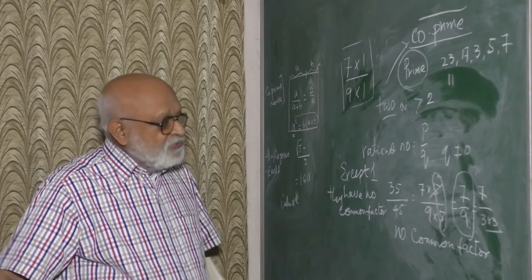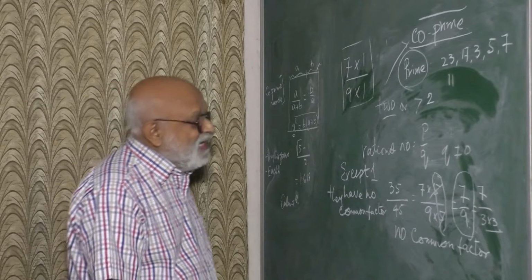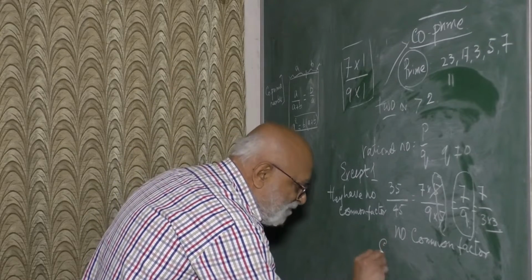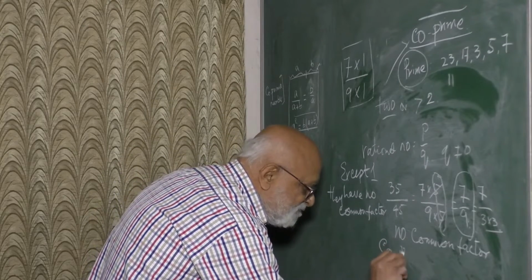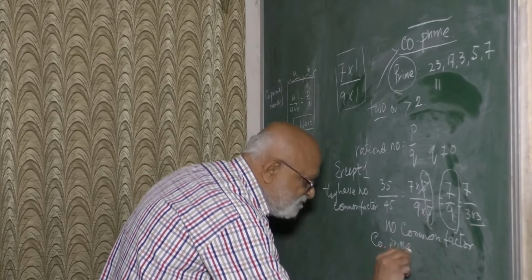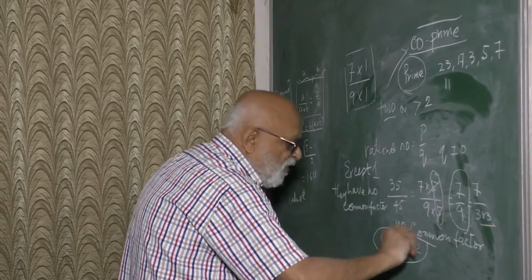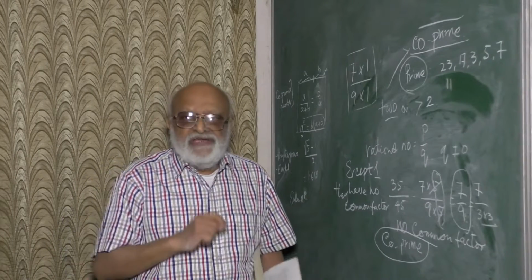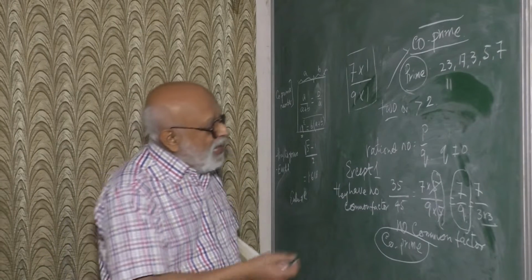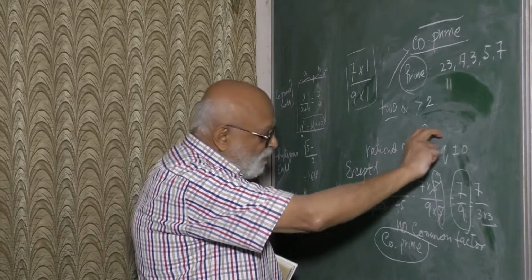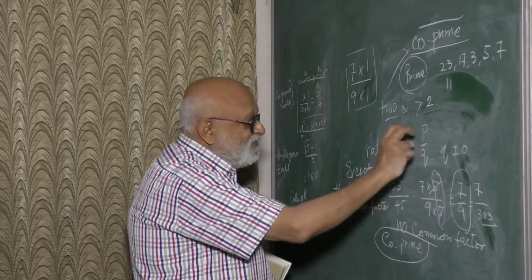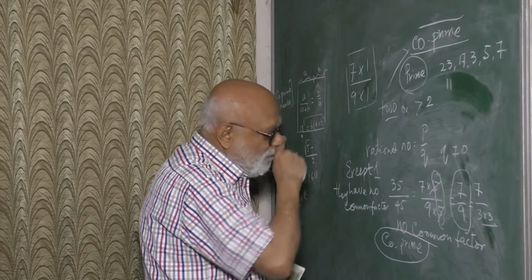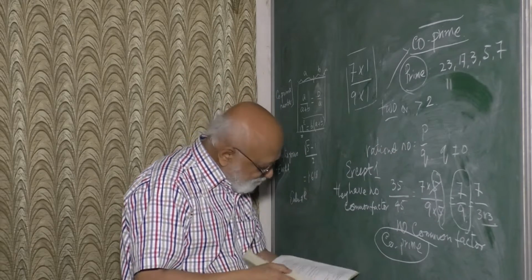Is that all right with you? So when this kind of thing happens, then we call it co-prime. So for our cases, for a representation on the real number line, we should bring them into the co-prime state. So there is no common factor except 1.